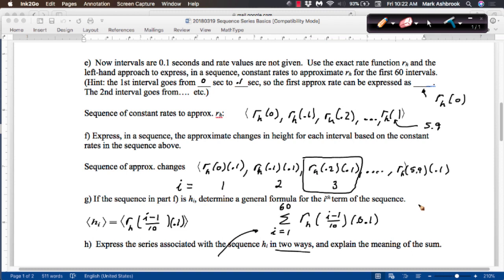All right, so what's the meaning of this sum? In this situation that's a finite sum, meaning we could compute it, and it would be a number. And what would the meaning of that number be? Anyone? Okay, change of height, is it an exact value or an approximation?